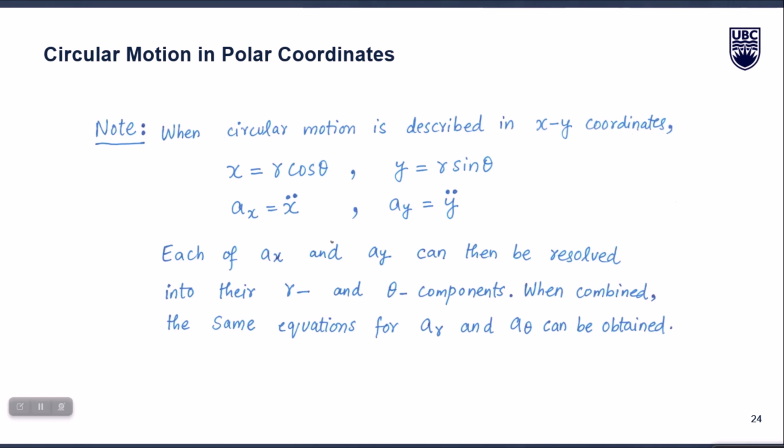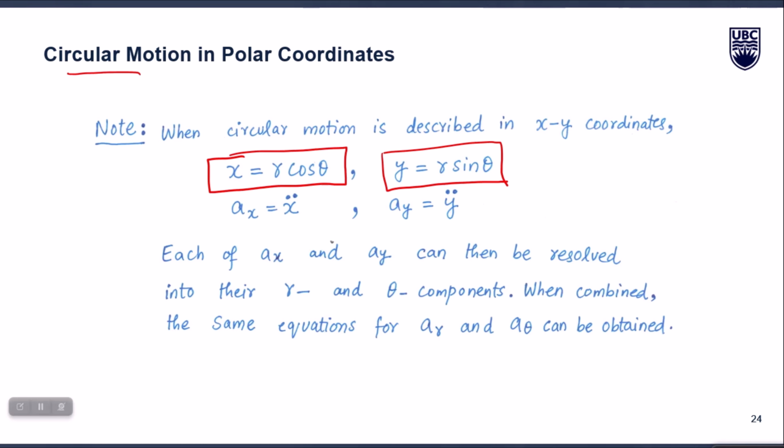One more insight you can have while applying polar coordinates to circular motion. If you have described the circular motion in the xy coordinate system, you know the corresponding equations for x and y. X is equal to r cos theta, y is equal to r sin theta. If you plot x and y using these two equations for any given r, you will see that it describes a circular motion, right?